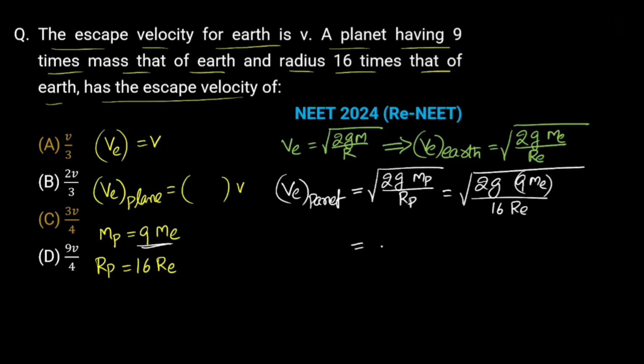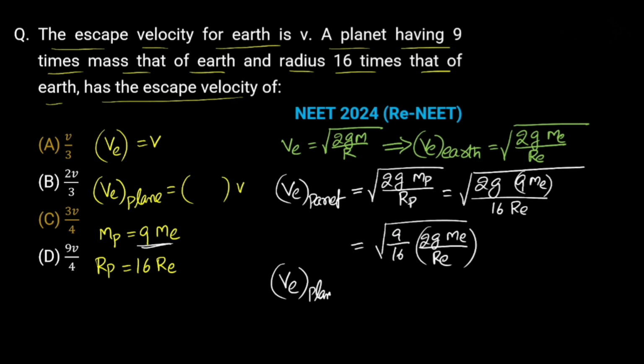Now you simplify it. Here it is written as 9 by 16. Let me write outside 2GMe by Re. So the escape velocity on the planet is root of 9 by 16 times root over 2GMe by Re, which can be written as 3 by 4 into root over 2GMe by Re. But root over 2GMe by Re is the escape velocity of the object on the Earth.